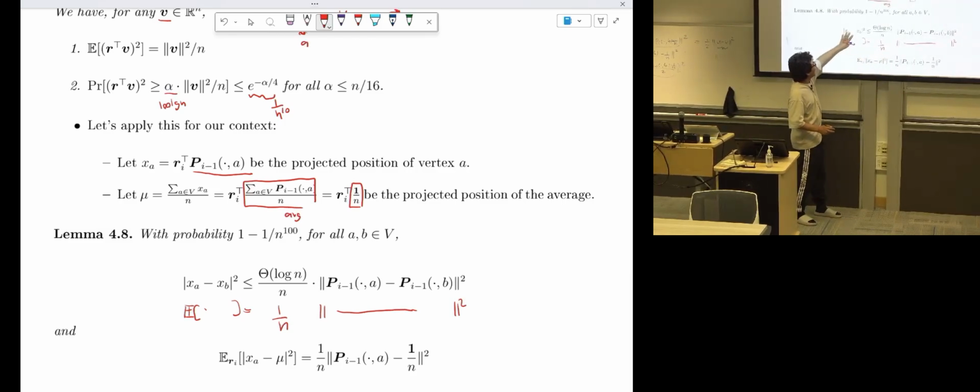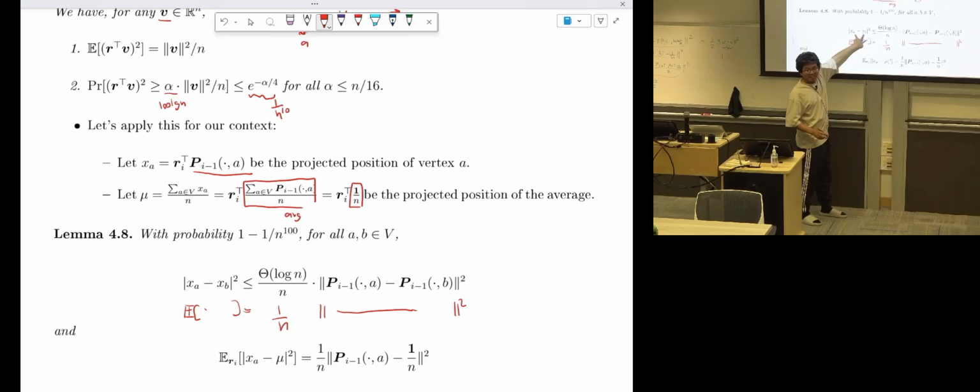But the projected distance square will deviate from the expectation by log n with low probability. So with high probability, they are within log n factor of the expectation.